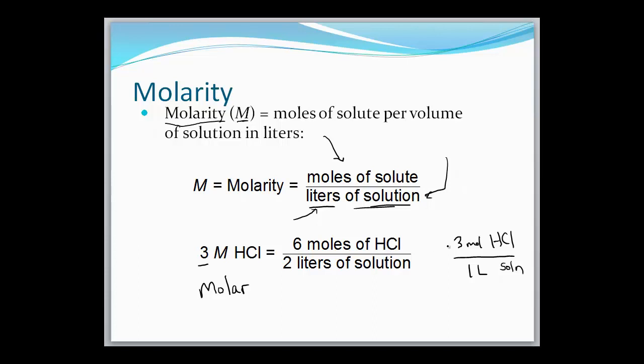You're talking about moles of the solute, and in this case it's hydrogen chloride, over liters of solution. So when you do the math there, 3 divided by 1, we would say we have a 3 molar solution of HCl. Or you could say its molarity is 3 molar. Obviously 6 divided by 2 is 3 also, and that's why those numbers are there. But sometimes it's easier to think about it with a 1 in the denominator.